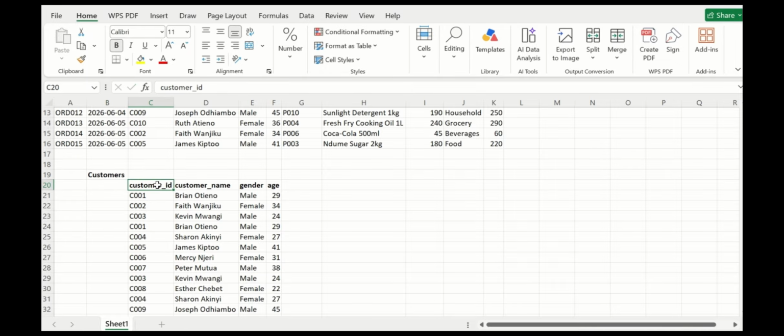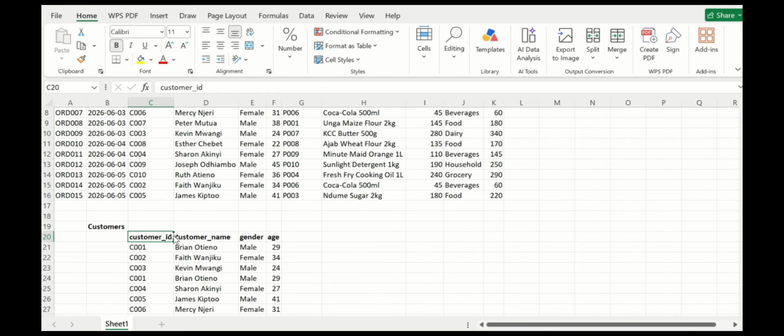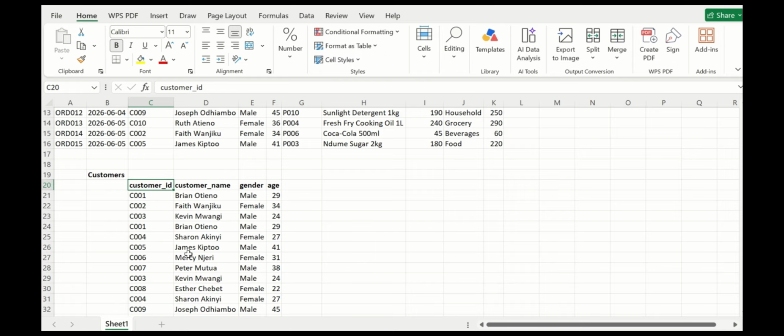So in this customers table, we only want the distinct customer details. That means we'll have to remove all the duplicated customers. For example, this one we have, we'll have to delete it.